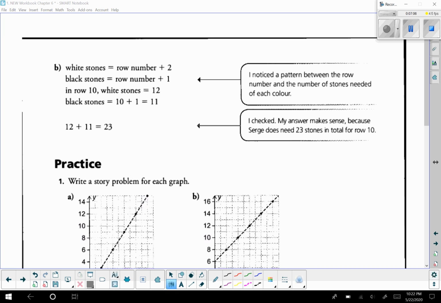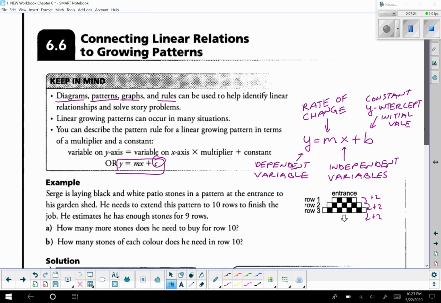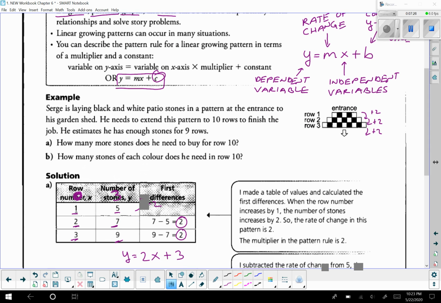Oh, okay, so I just checked out their solution. So what they did is they kind of looked at it and they said, okay, row number. If I add 2 to the row number, that represents my white stones. If I add 1 to the row number, that represents my black stones. Where did they get that? Well, if we go back, here's my row number. In row number 1, I have 2 black stones and 3 white stones.